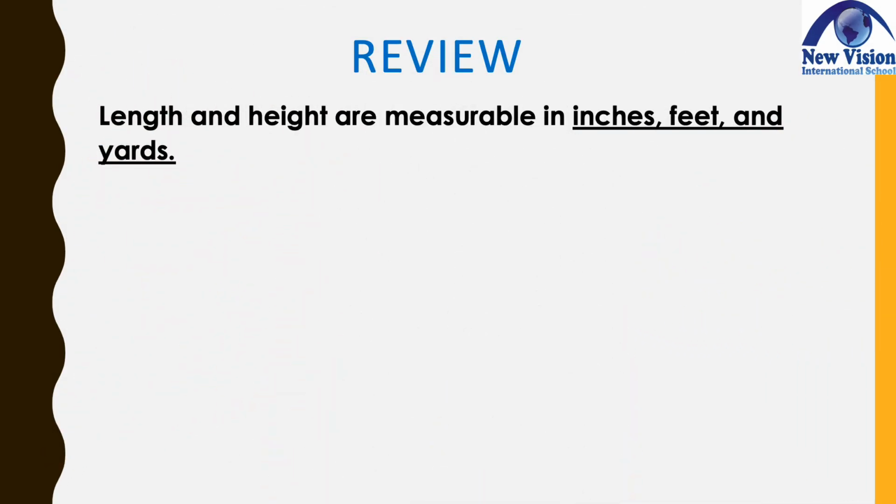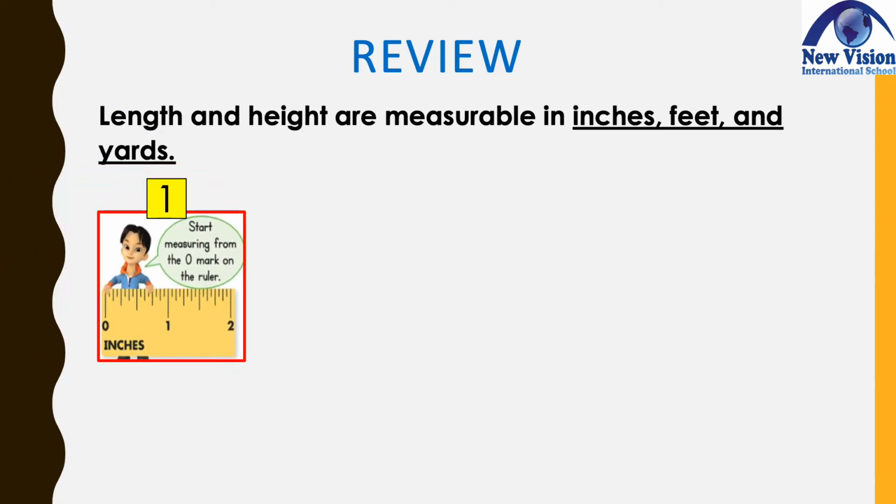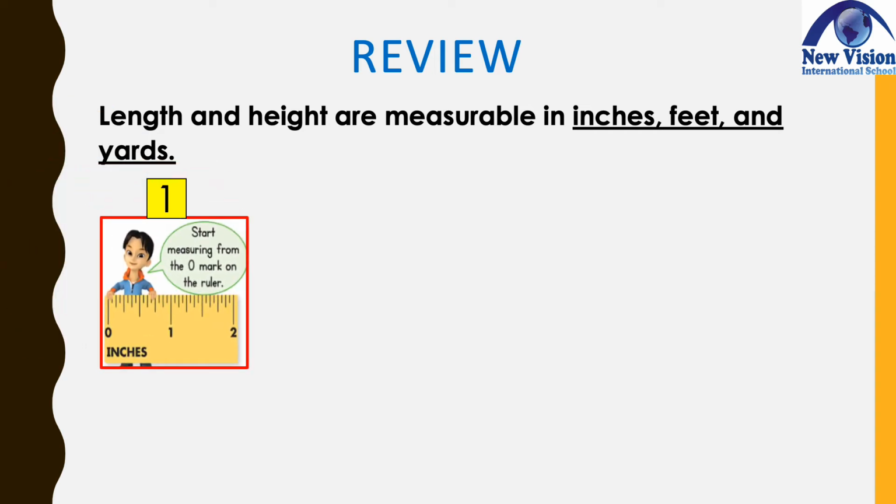Before we proceed to our new lesson, let's have a short review. Length and height are measurable in inches, feet, and yards. To measure an object, please remember the following. Number 1, start measuring from the 0 mark on the ruler.